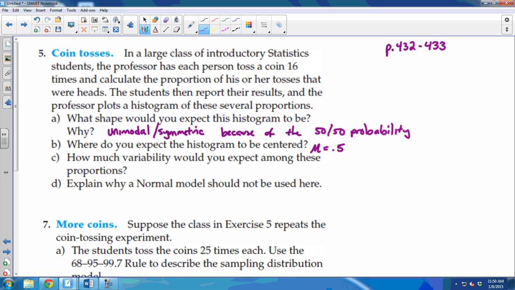How much variability would you expect among these proportions? Before today, we really didn't have an idea of how to do that. But how can we measure variability now? For the standard deviation, we have a formula. The standard deviation is the square root of 0.5 times 0.5 over, what's our sample size here? 16.